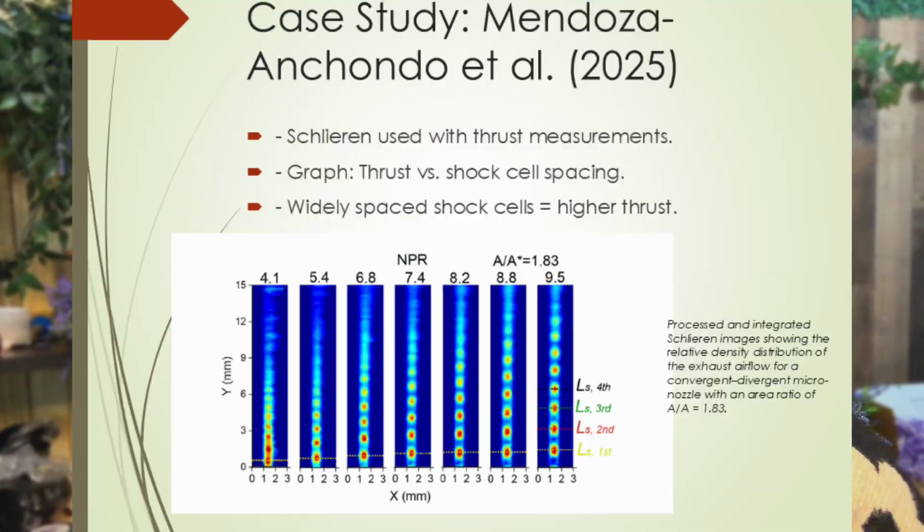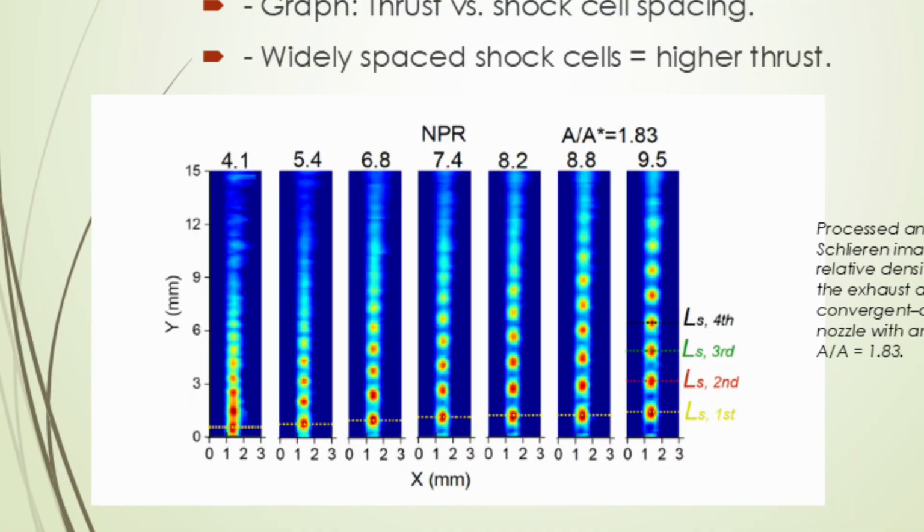This slide shows one of the most informative figures from the literature. These are processed and integrated Schlieren images of a convergent-divergent micronozzle with an area ratio of 1.83. Let me describe this image carefully. This plot displays the relative density distribution using a color scale from blue, which is low density, to red, which is high density. The flow direction is upwards along the positive y-axis.